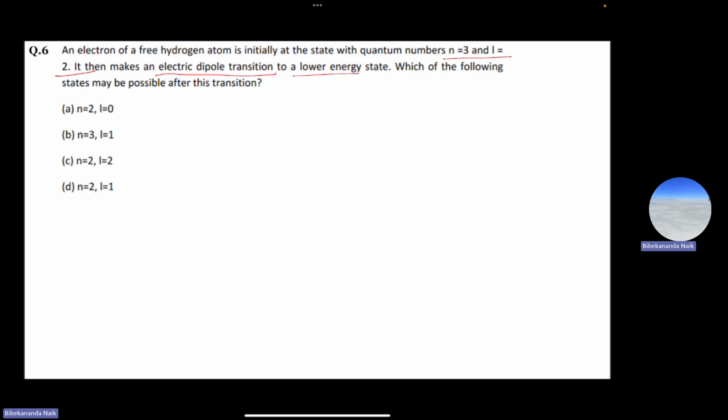So what are the selection rules? Selection rules for electric dipole transition.